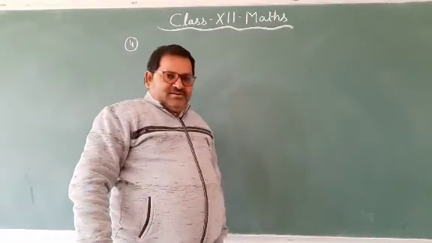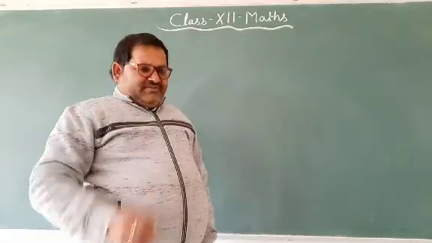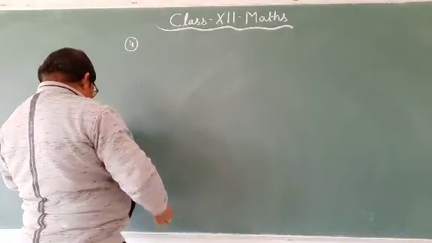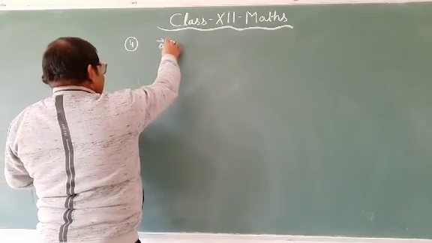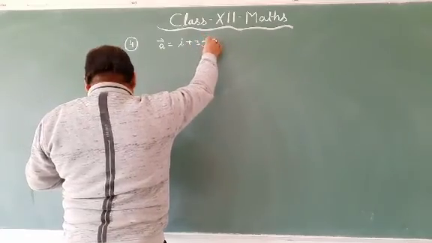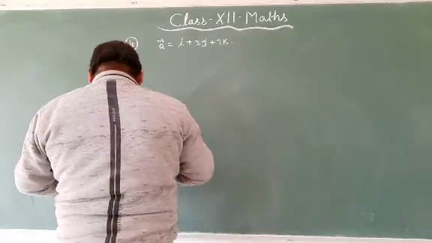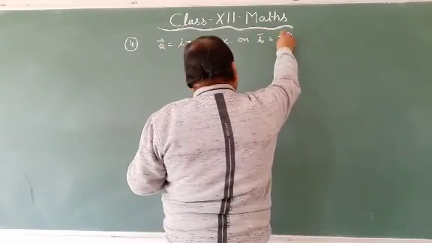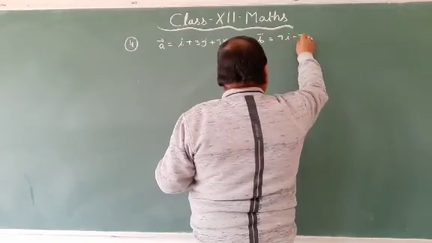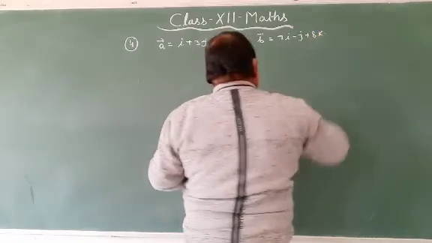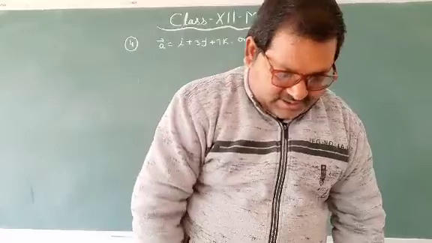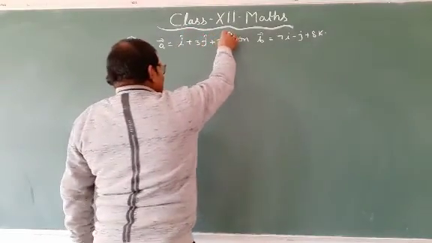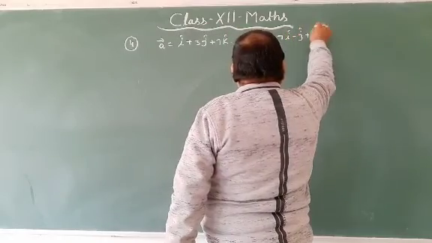Find the projection of a vector A = i + 3j + 7k on vector B = 7i - j + 8k. Now write the i cap, j cap, k cap.